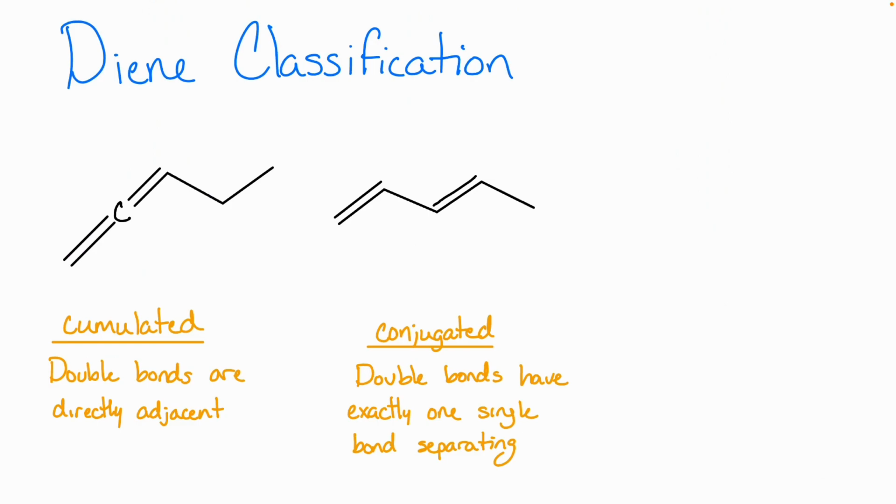Any further away, if I move this any further away than just one single bond, so now I'm going to move it all the way to the end here, this is what we would call an isolated diene.